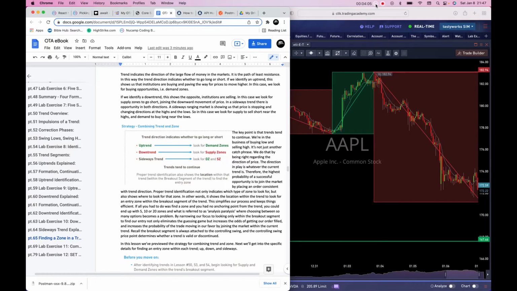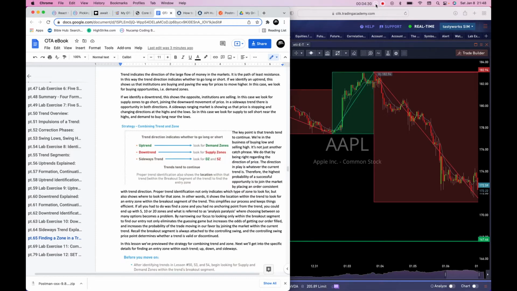If all we had to do was find a zone and we had no anchoring point from the trend, we could end up with 5, 10, or 20 or more zones, and we could also end up with what is referred to as analysis paralysis, where choosing between so many options becomes a problem because it's difficult to know which one is the right zone.